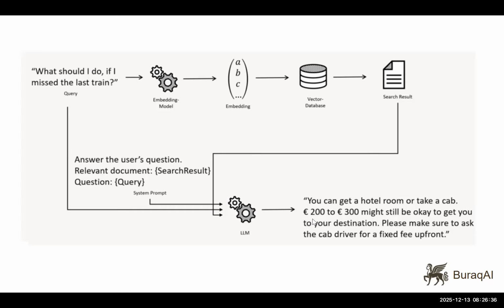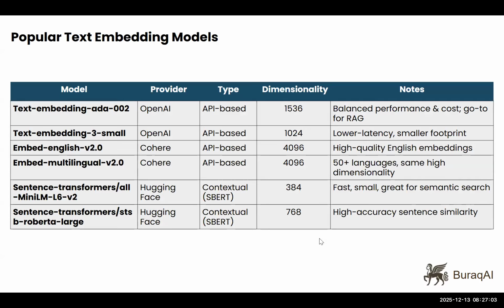It becomes an agentic AI as well, where you want to search for local hotels close by, how much time it will take, and all of that. But each one is based on the documentation it has. If there is an FAQ document on what you can do if you miss a train, it can get the results from there and then send you all the results. This is just one of the scenarios that we're talking about.